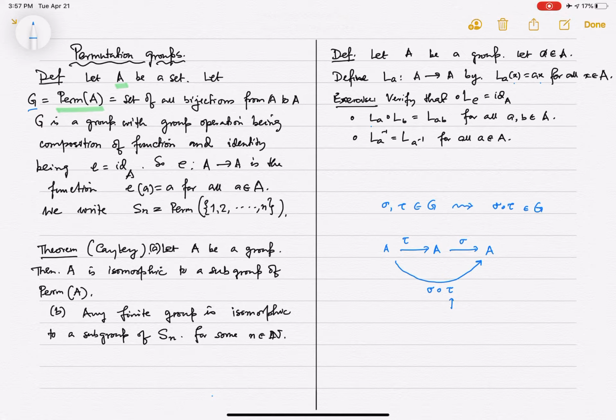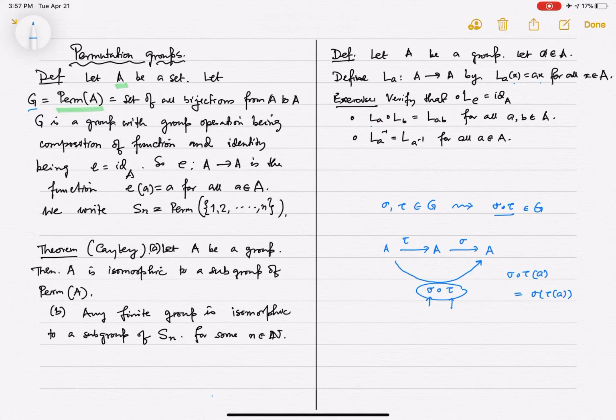You see, you have to read it from right to left, because when you apply it to an element, tau gets applied first. It's sigma of tau of a. So that's a new bijection from A to A, and that's the product in this group perm of A.